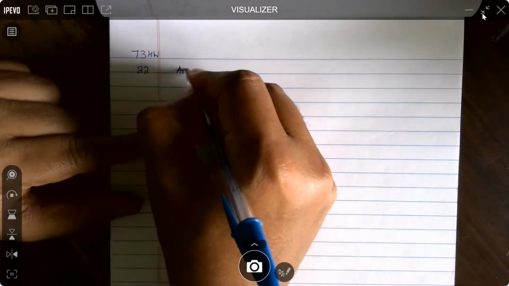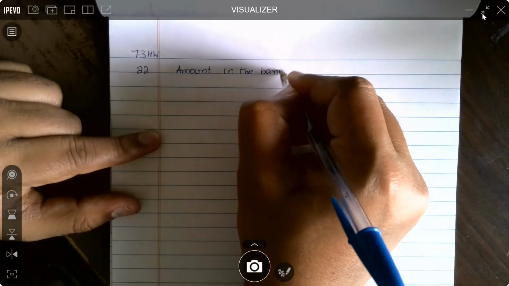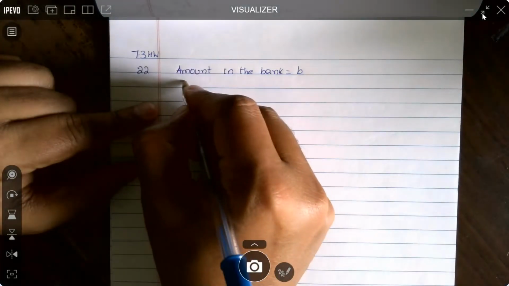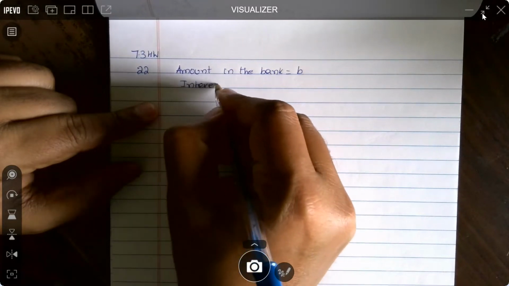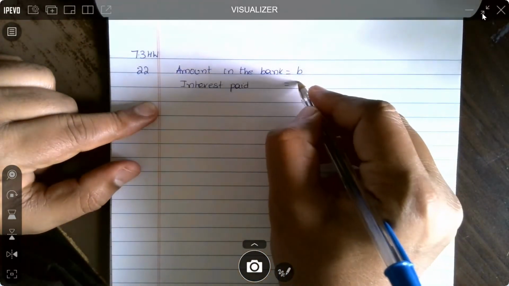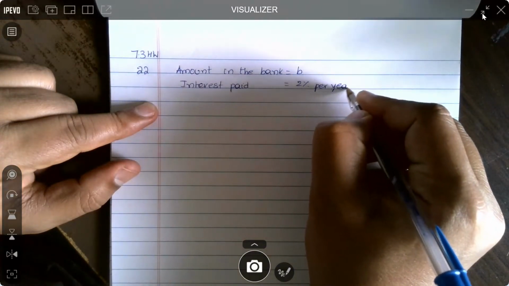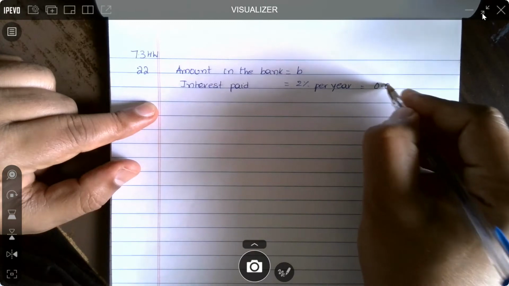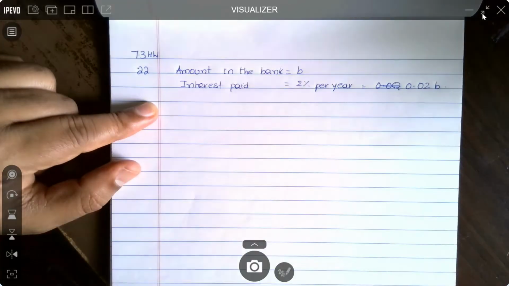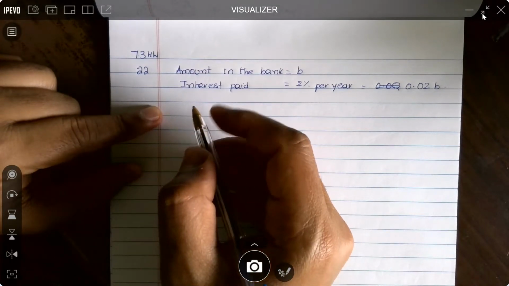So the amount in the bank, I'm going to call it B, and the interest paid is 2% per year. So that's going to be 0.02 B.